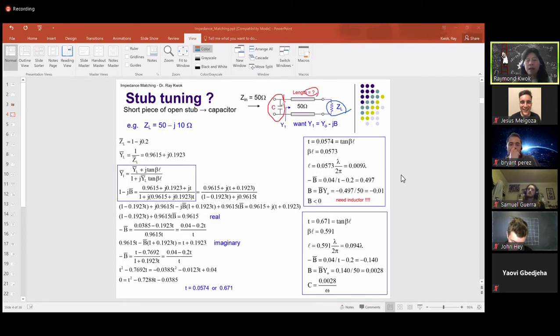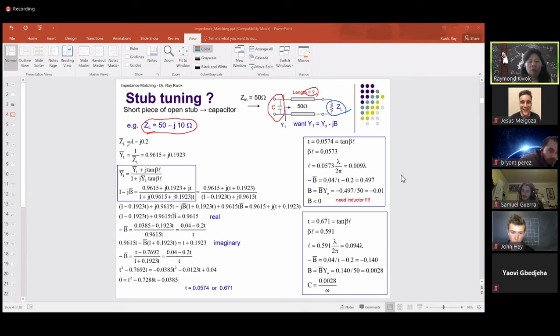I'm going to slide it until I can find a good match, right? That's what the technicians do. Okay, so let's assume my impedance is not 50 ohms, but somehow becomes 50 minus j10. In order for this to work, let's do some calculations.